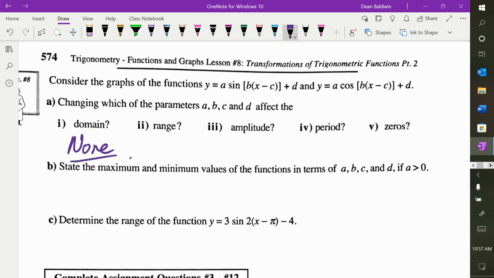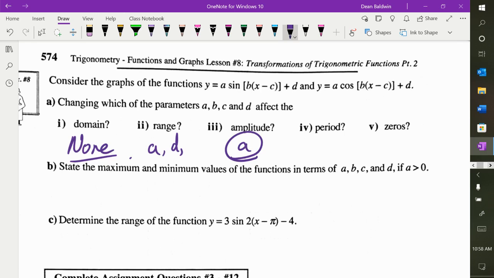Okay. Which values affect the range? Range is the possible y values. D is one of them. And A, right? If you do a vertical stretch and then you move it up or down, you're changing the range because it always just oscillates between two y values. What about the amplitude? It's the A value.